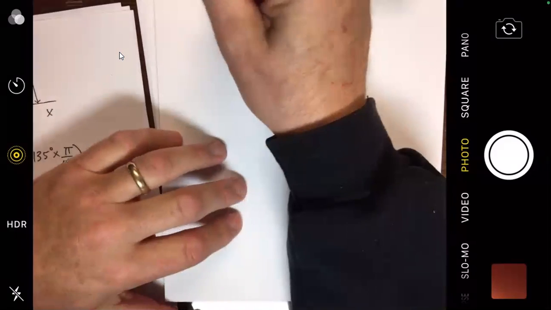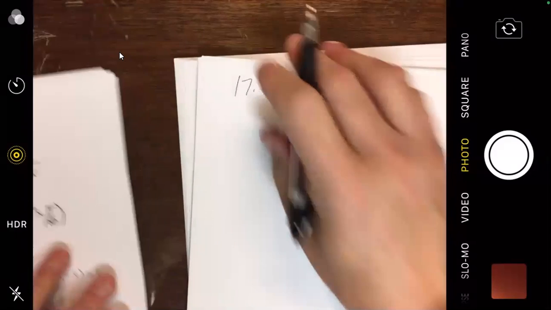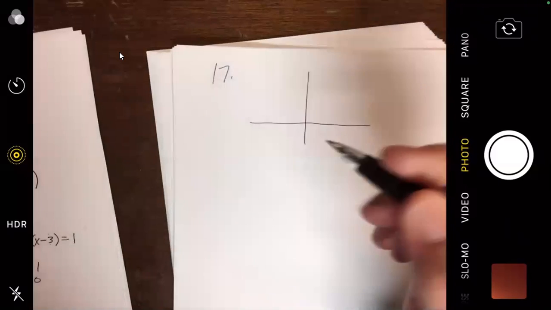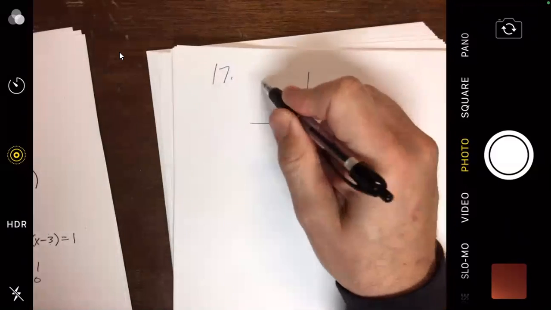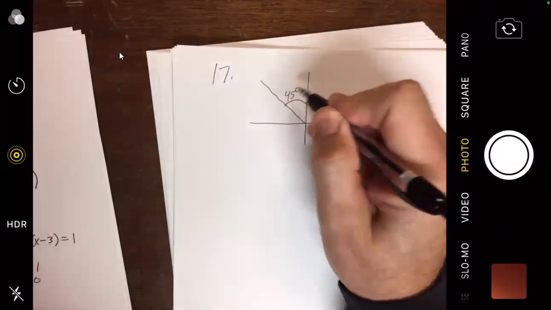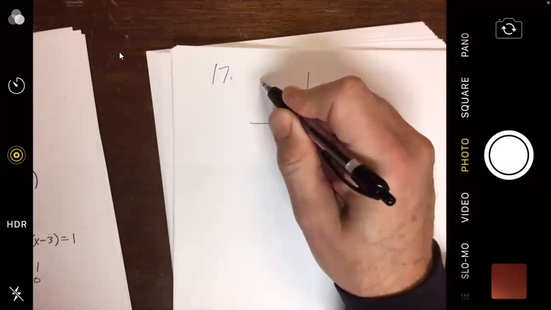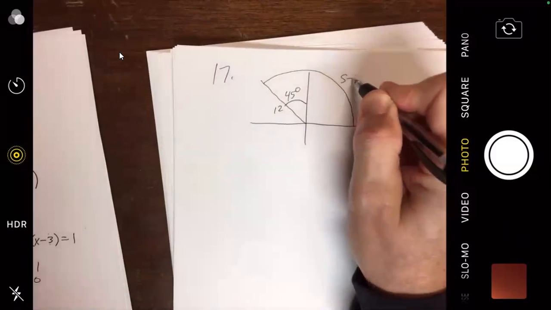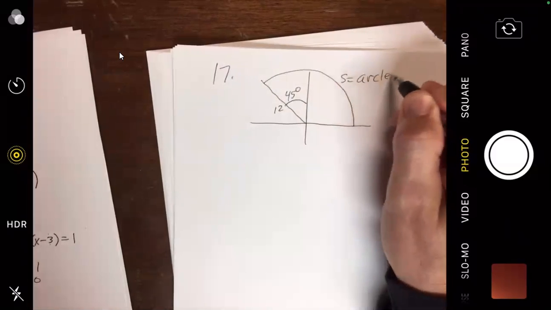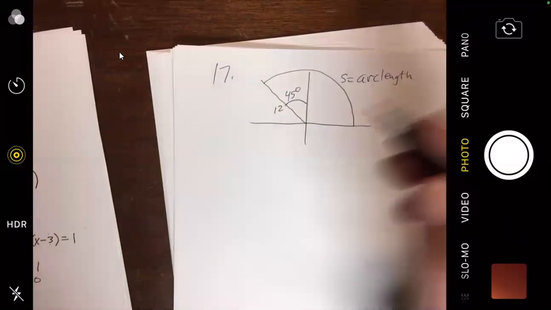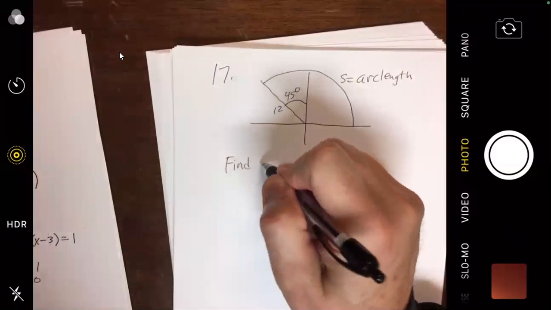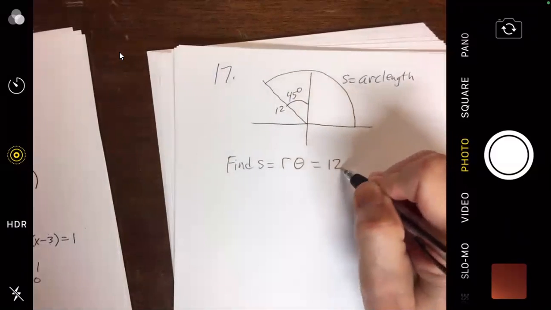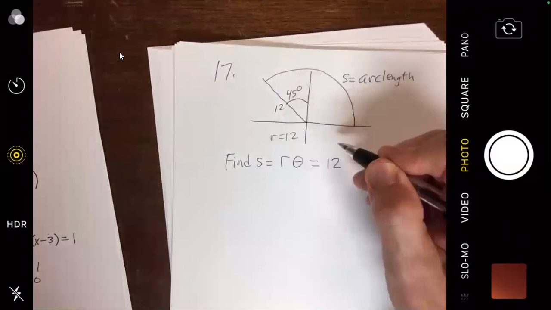Back way to the beginning, 17, beginning of trig anyway. Second quadrant, this is 45 degrees there, 12 on the radius. And we're trying to do the arc length. S equals arc length, find S. R equals 12.